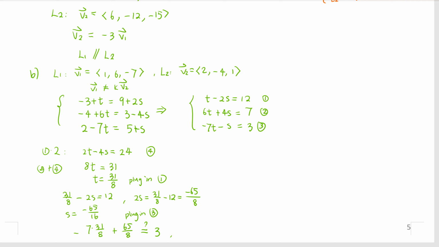So 65 minus 217 is negative 152 over 8 on the left. Is that equal to 3? No. That's why there is no solution. The lines are skew.